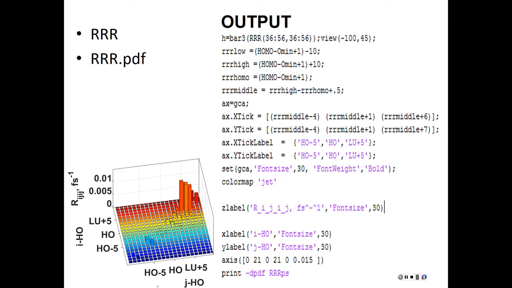Suppose for this bar, this is HOMO -4, I guess, and this is also HOMO -4. So there the population transfers to the adjacent states. So probably it's HOMO -5 to HOMO -4. Yeah, ±1.